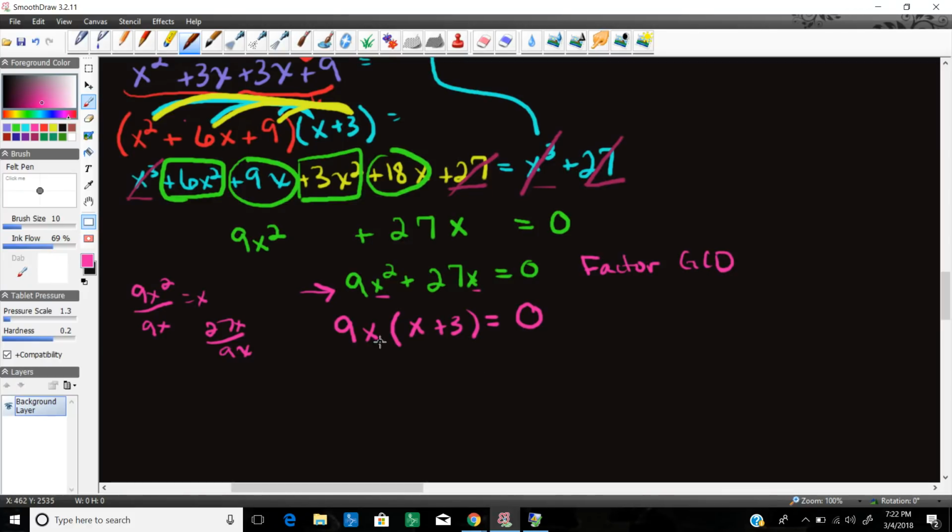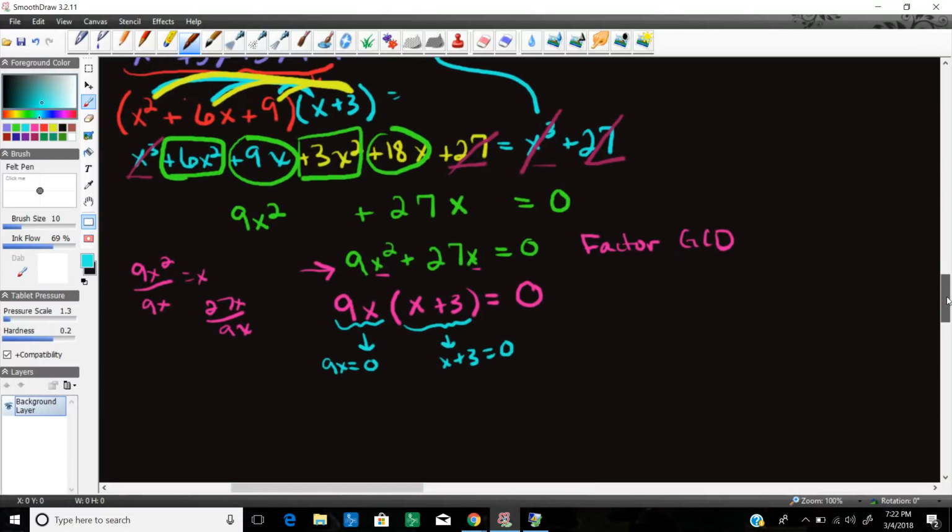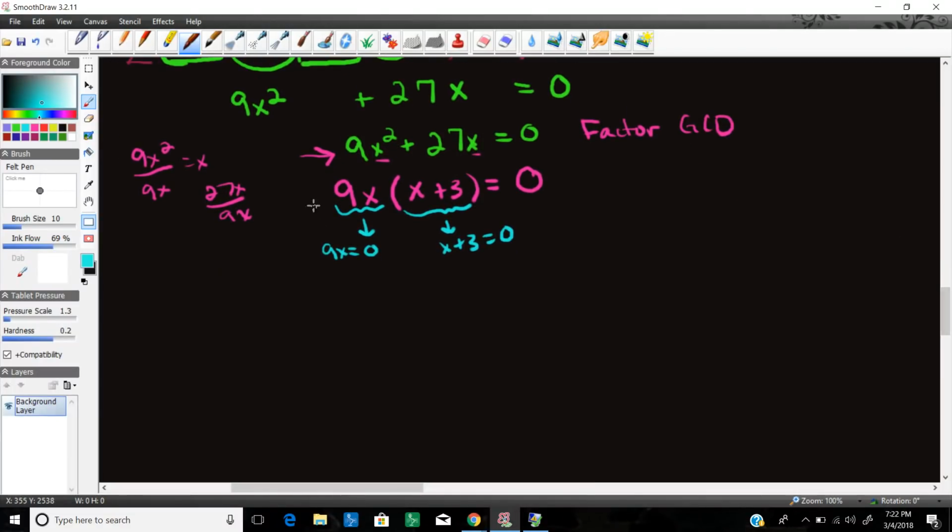So when we're left at this point, we're almost done. What I'm going to do now is take each of these. So I'm going to take this and set it equal to 0, and I'm going to take this and set it equal to 0. I noticed that on another problem earlier this week, this one confused people, so let me go over this one in detail.